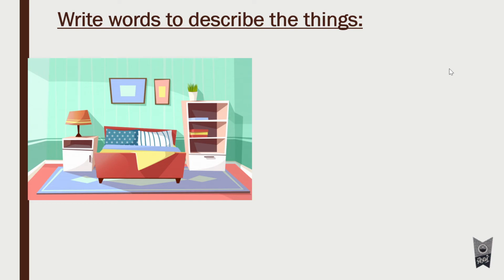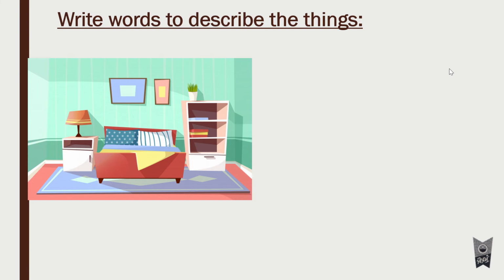What is this? Yes, it is a room. And how is the room? Room is the naming word, the name of a place. Okay. Now, how is the room looking? Is it looking dirty? No, it is looking clean. A clean room.